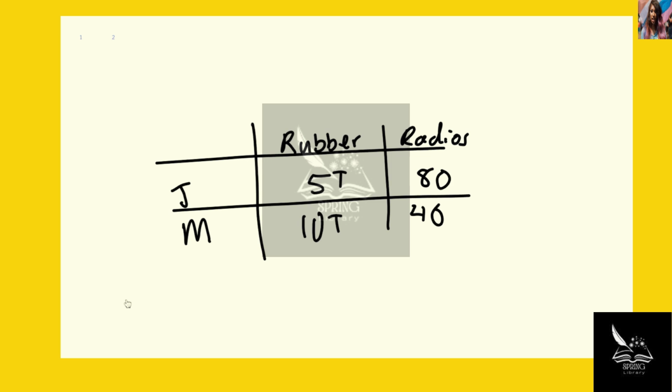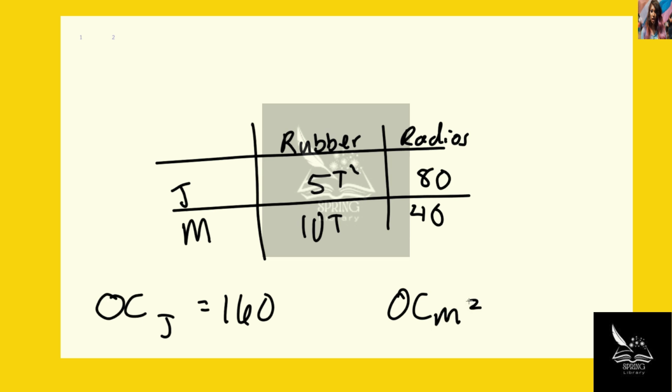The opportunity cost in Japan would be, since 10 tons is 5 times 2, it would be 80 times 2, which is 160. So it would be 160 radios. And the opportunity cost in Malaysia would just be 40 radios, because that's what it already costs to produce 10 tons of rubber.